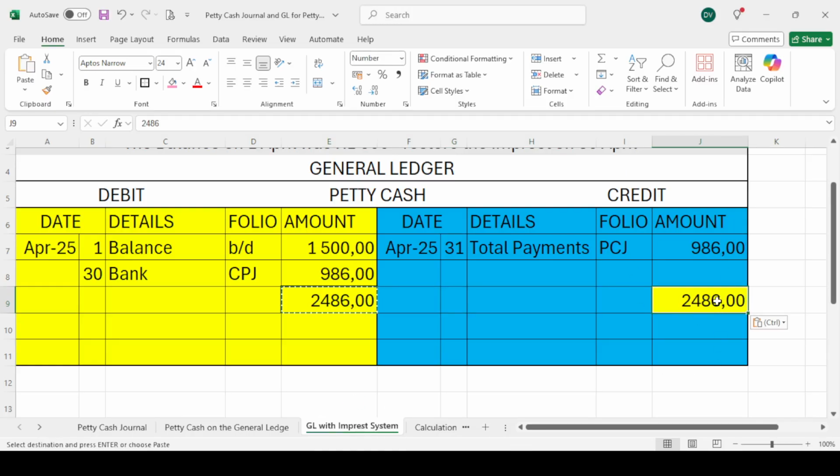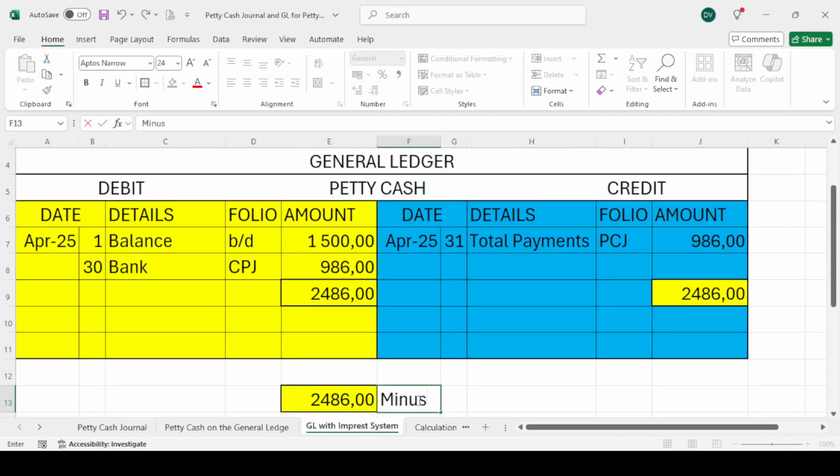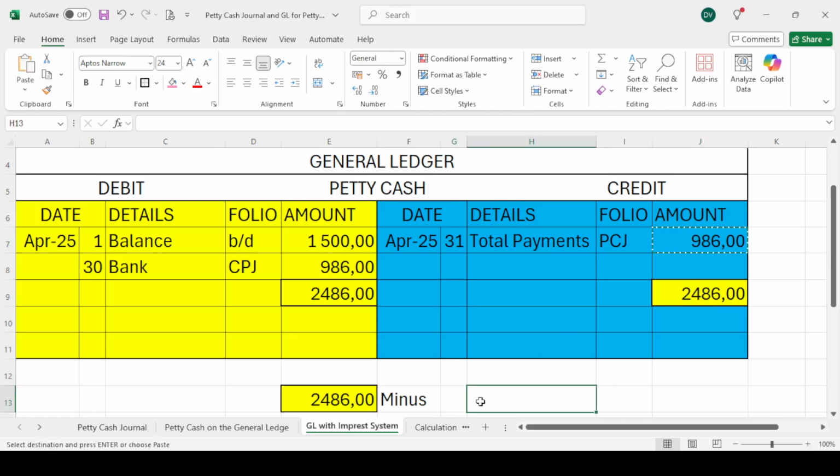Now you have to make your credit side true. This is not true. 986 plus nothing doesn't give you 2,486. We have a missing value here. So I'm just going to show you the calculation. I know a lot of you probably already know what's happening. You're going to take your big value minus your smaller one.